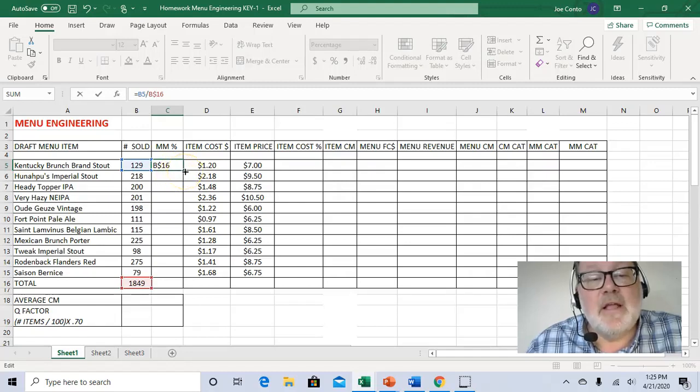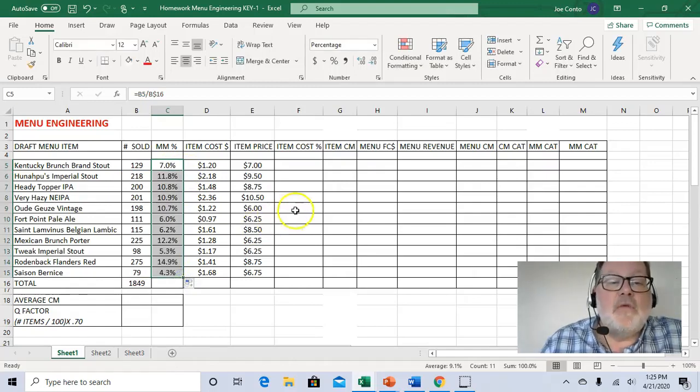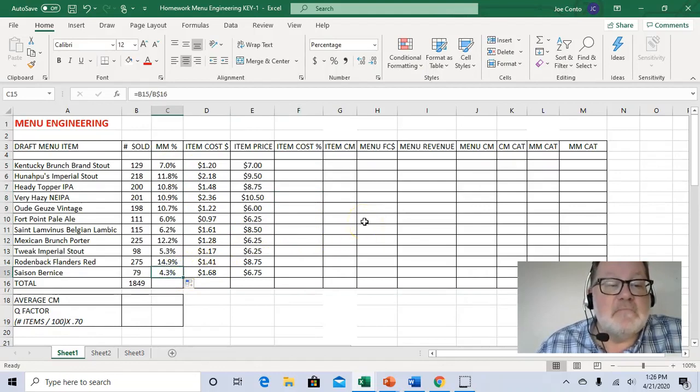When it gets to that plus, I just drag it down, and that does the calculation all the way down for me. So we see that some things are as low as 4.3%, the Saison Bernice, not very popular, to something here like the Mexican Brunch Porter, very popular. 12.2% of all the beer sold happened to be that beer itself.